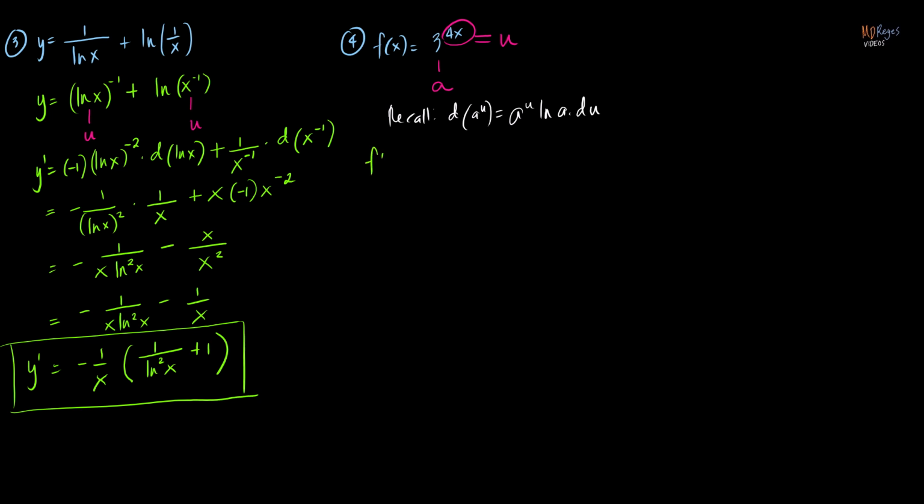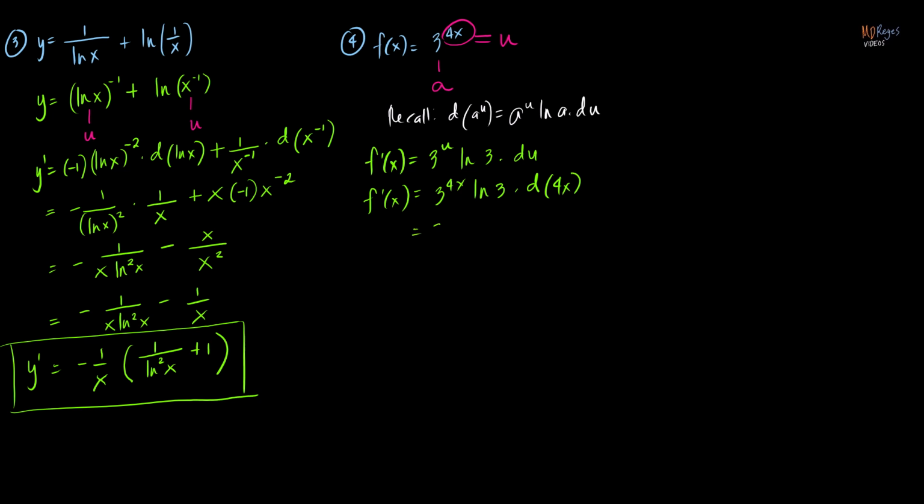So f prime of x, using that formula, is 3 to the u, ln of a times du, where u is equal to 4x. ln of 3 times du, where u is 4x. What is the derivative of 4x with respect to x?